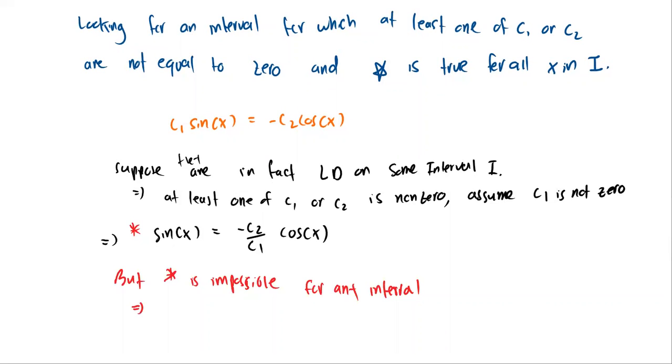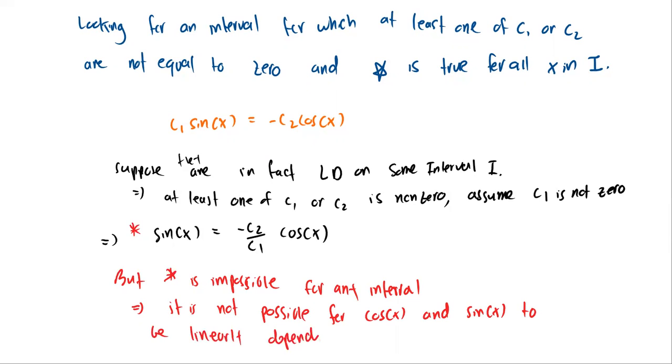So it is not possible for sine and cosine to be linearly dependent. And I can conclude this because if they were linearly dependent on some interval, it would lead to this equation, which we know is not possible. So it leads to a contradiction.